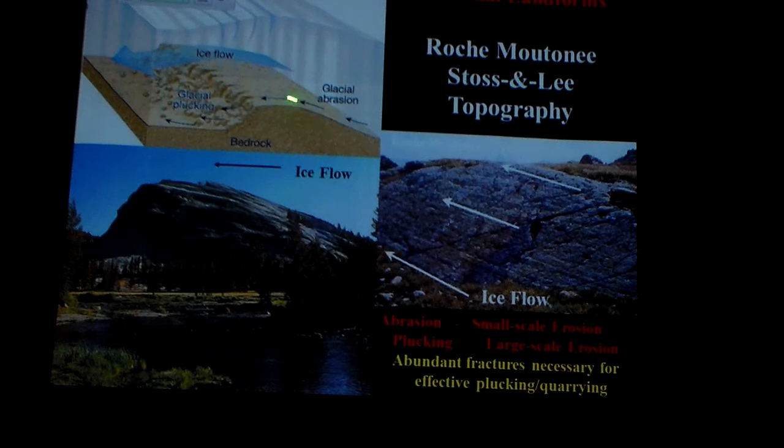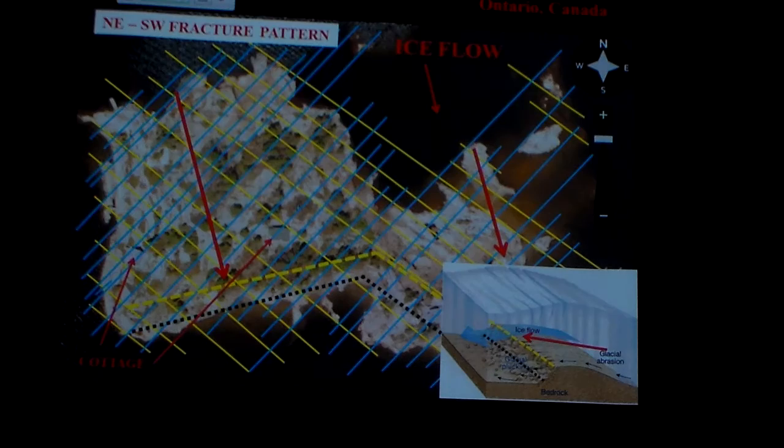One side is all a gentle slope, glacially abraded. The other side is all quarried and plucked. I'll show you a couple pictures of that. Here's the crest of the island in this yellow dotted line right here. And that would be that part of the roches moutonnées.